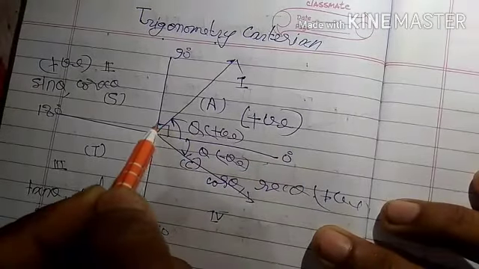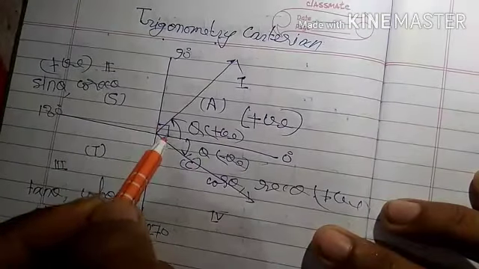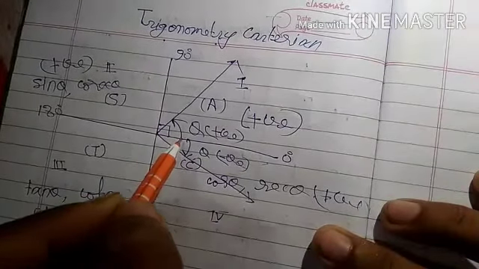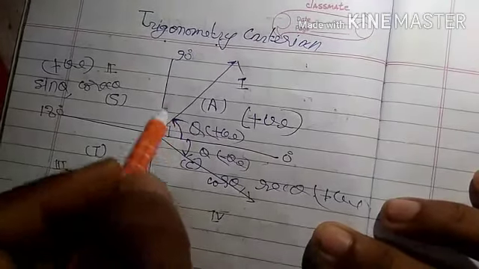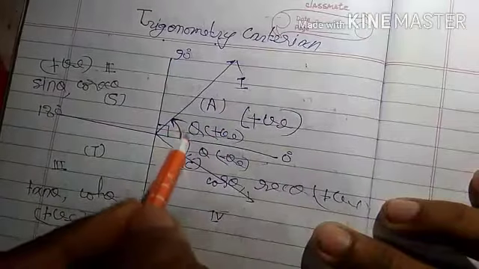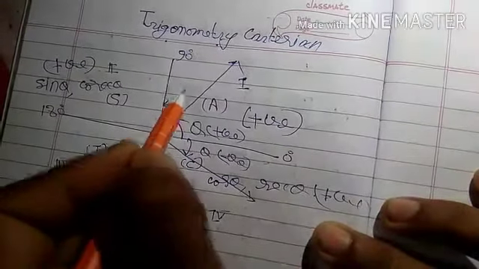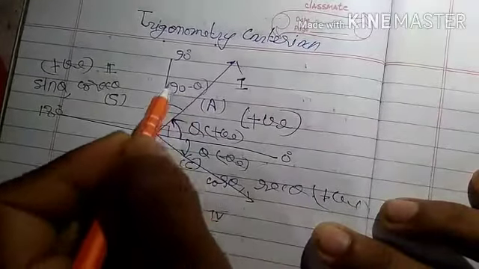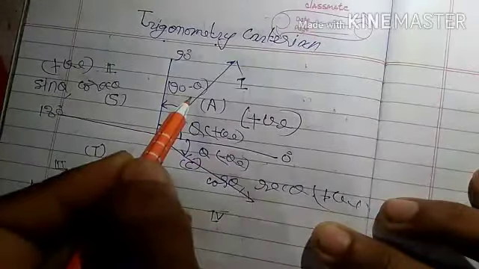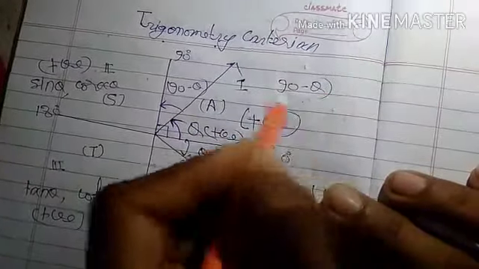So the total is 90 degree, and this part is theta, so this remaining angle is 90 minus theta.